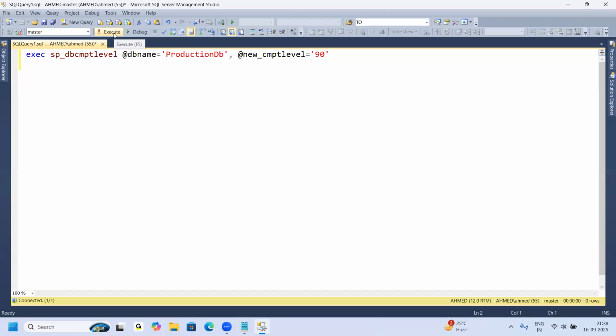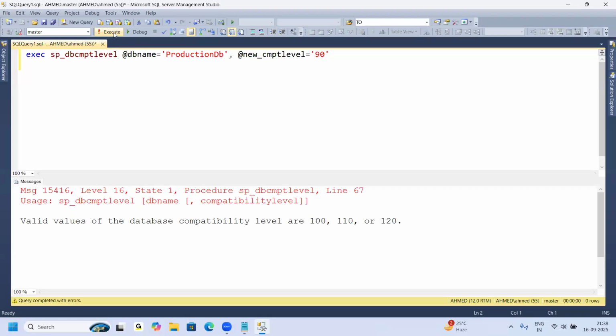You're in 14 and you're changing to 2005. In between, you have 2012 and 2008. 2014 is version 12, which you call 120. 2012 is 110, 2008 is 100, 2005 is 90. Execute and read.